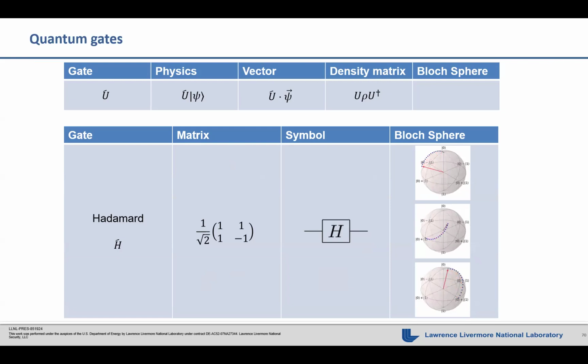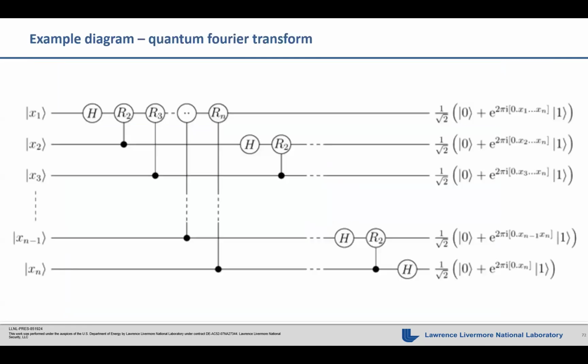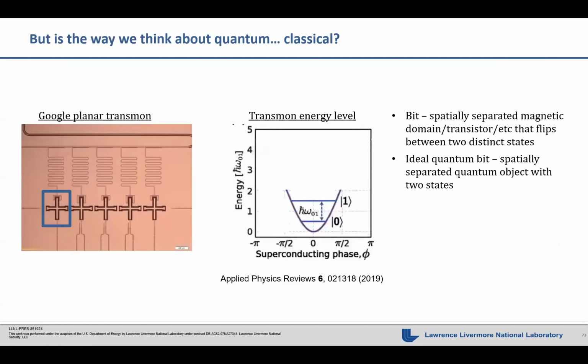If you put all of the symbols together, and there are many different symbols, both for 2 qubit gates and 1 qubit gates, you can put a quantum circuit together, which allows you to actually perform different quantum operations. All of this together is how we do digital universal quantum logic.